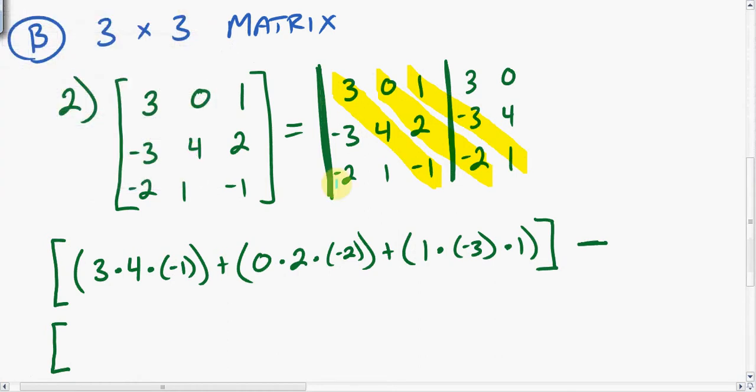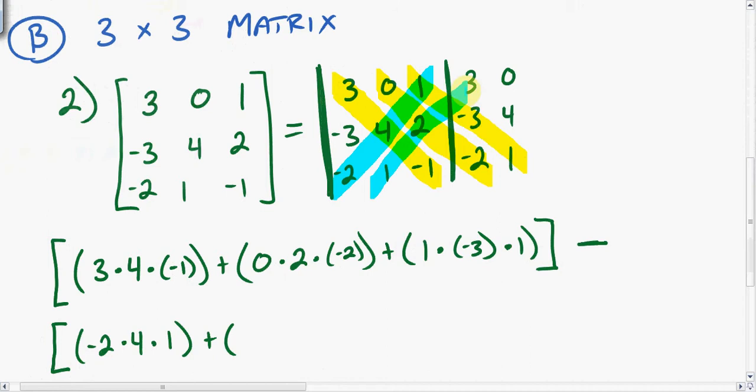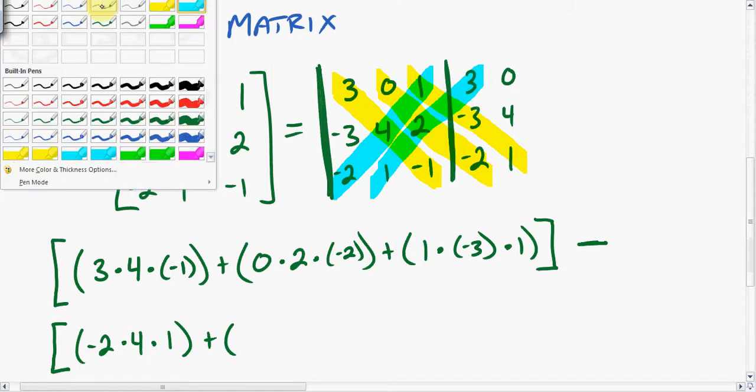So we'll do this in blue, and we're going to look at these three numbers. Alright, so we've got to find the product of negative 2 times 4 times 1. We're going to add that to the product of the next diagonal, 1 times 2 times 3.